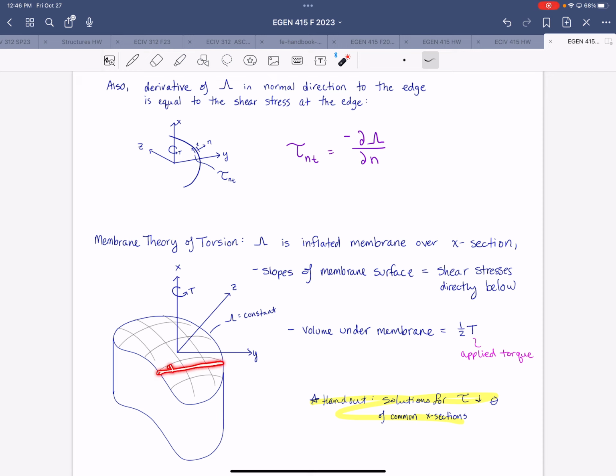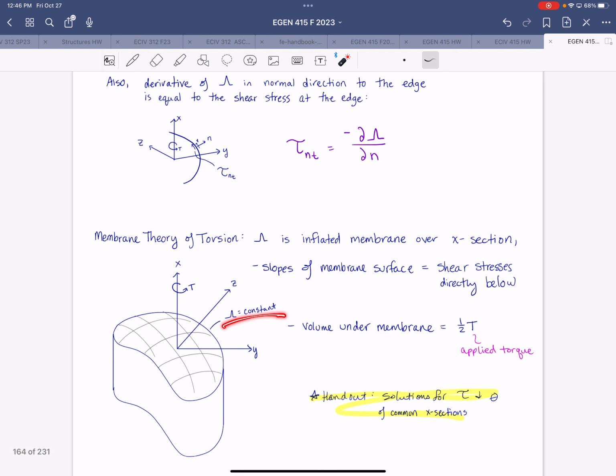The slopes of the function lambda at any given point will represent the shear stresses directly below, right? And then the magnitudes of that lambda tie into the volume that will be underneath the membrane, and that's what's equal to half of the applied torque.